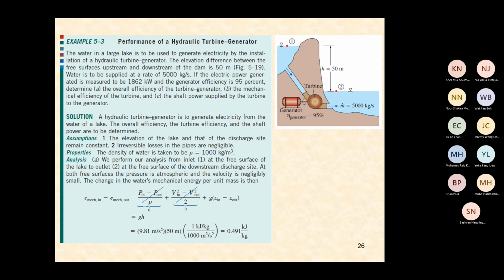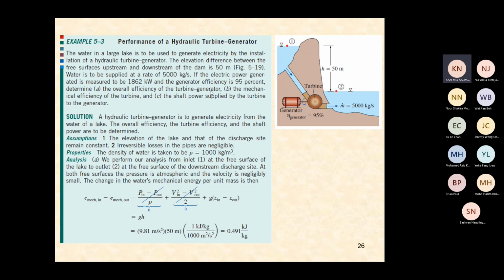If the electrical power generated is measured to be 1862 kilowatt and the generator efficiency is 95%, determine A, the overall efficiency of the turbine generator. So you see, overall efficiency of the turbine-generator. What is the meaning of this? The meaning of it is the efficiency of the turbine multiplied by the efficiency of the generator.